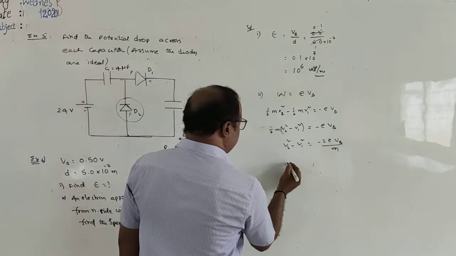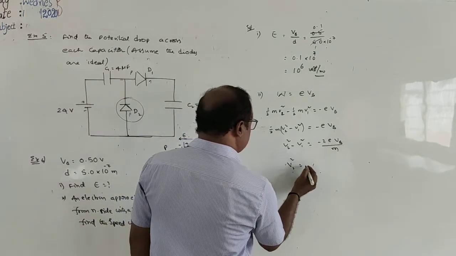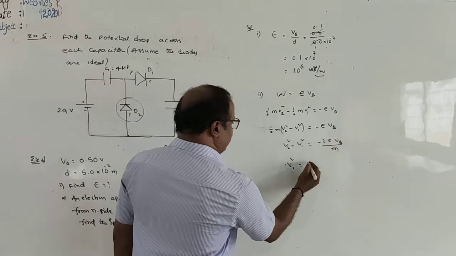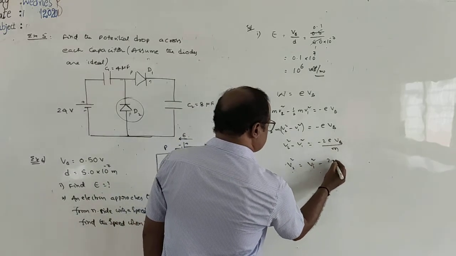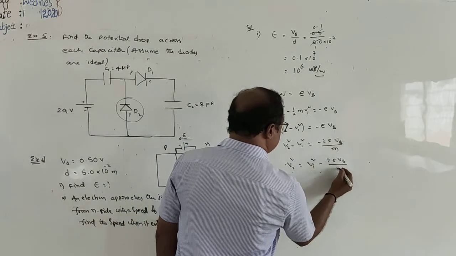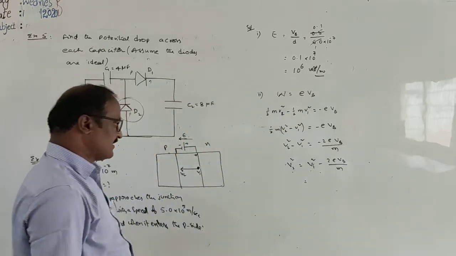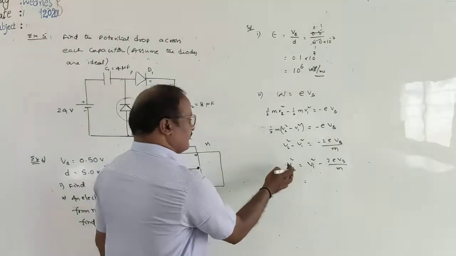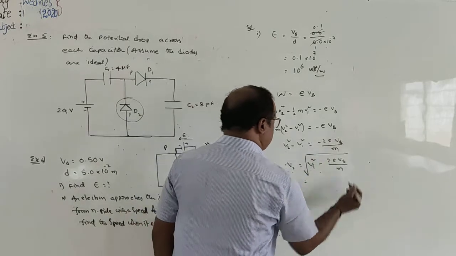Therefore v2 square is equal to v1 square minus 2EVb by m. Finally v2 is equal to the root of this side.